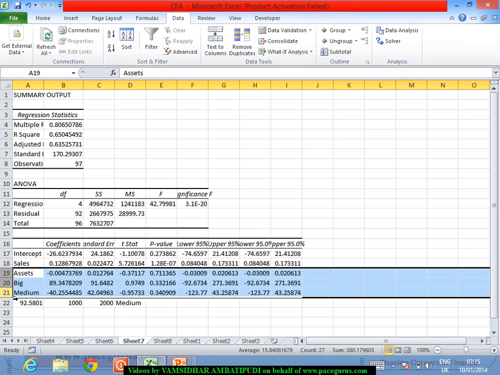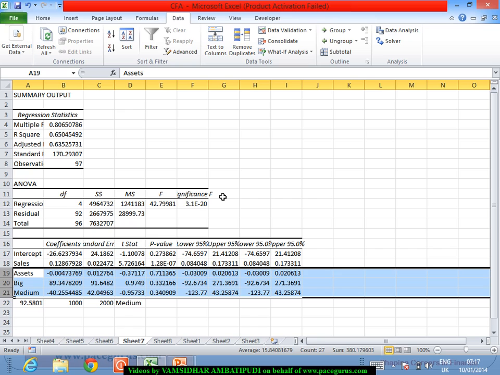But one simple way that is suggested, especially when there is a multicollinearity scenario, is you omit the independent variables which are not statistically significant, but the overall model is statistically significant. Then you can omit one or more of these independent variables, rerun the test, and again look out for the presence of multicollinearity.